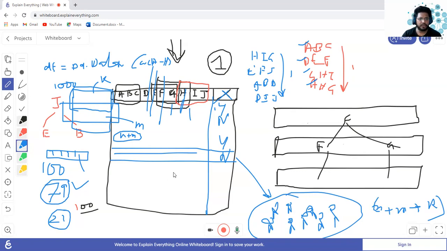So you don't need to struggle for data from the internet. Just generate your own data. Create a data frame with columns A, B, C, D, E, F, G, H, I, J, and X. Then randomly fill up the values of A to J, and X also randomly.